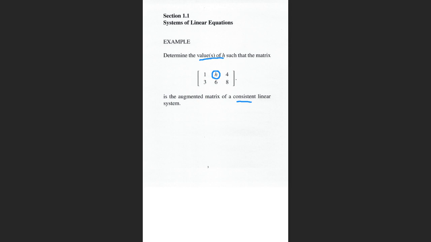Consistent means that there is a solution.